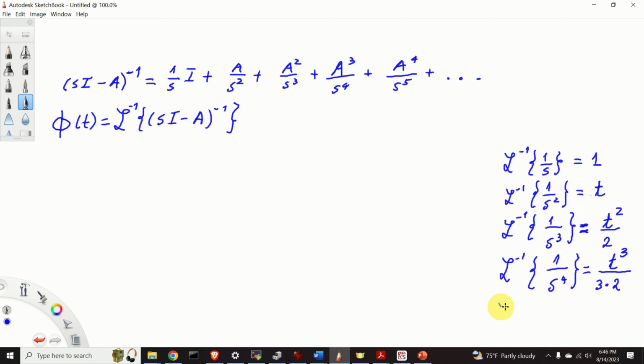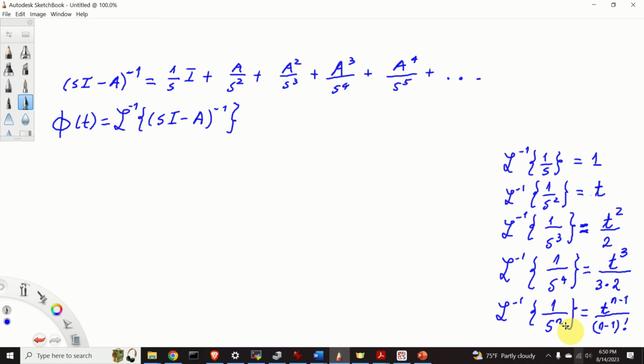Now, in the general case, what is the inverse Laplace transform of 1 over s to the power n? Obviously, it is t to the power n minus 1 divided by (n minus 1) factorial.